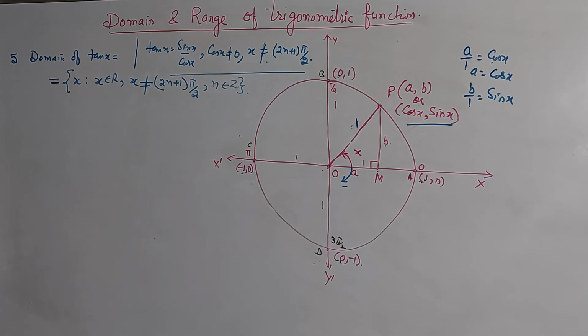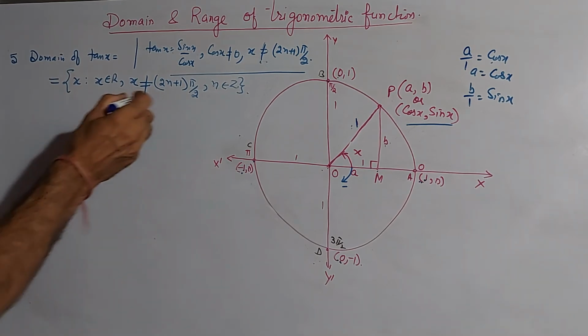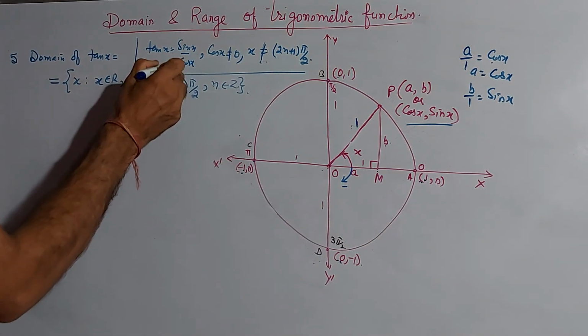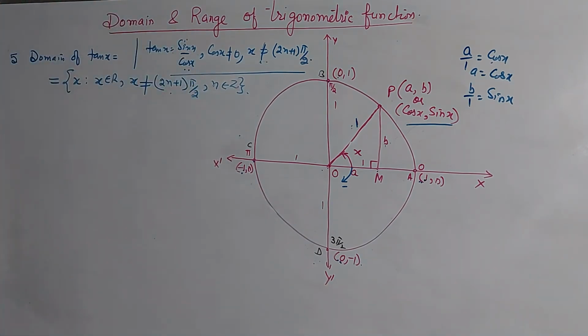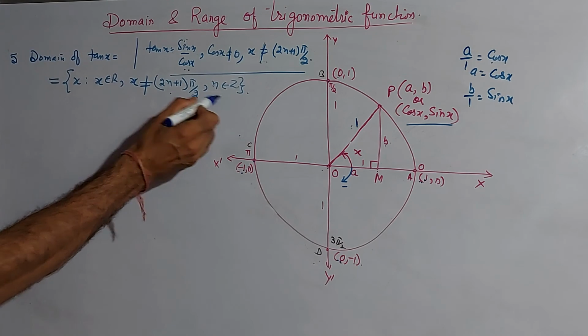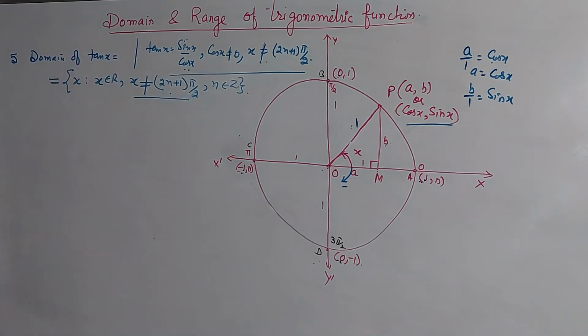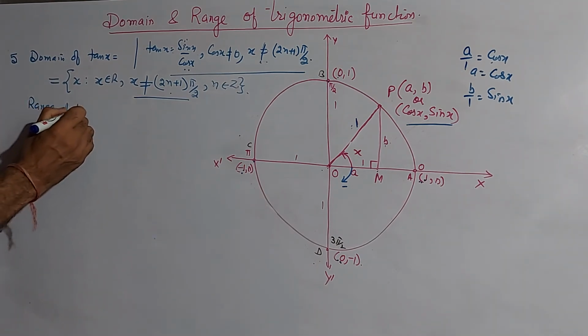X is not equal to an odd multiple, because at this angle cos x will be 0, so sine x upon 0 is undefined. So all the real numbers except these are the domain of tan x. Now the range of tan x.